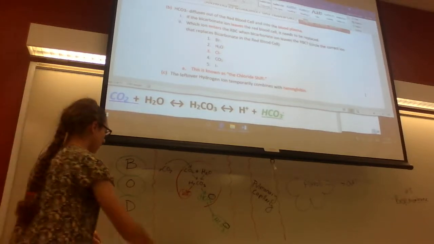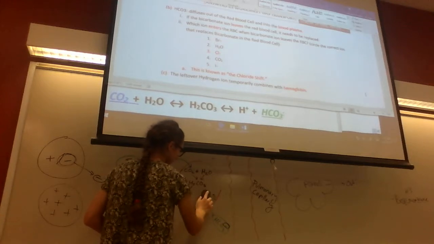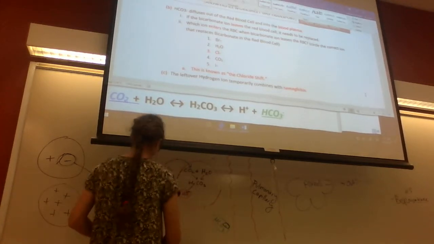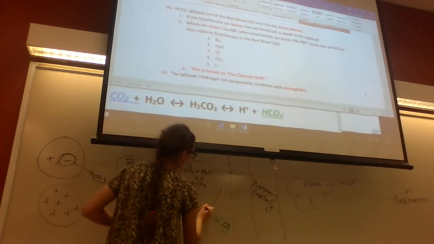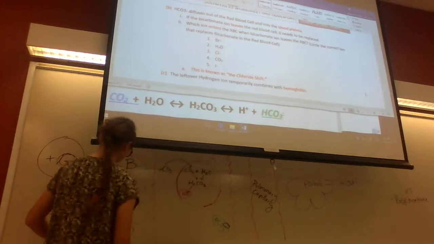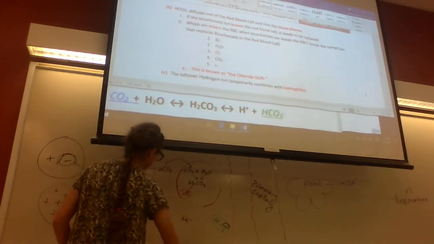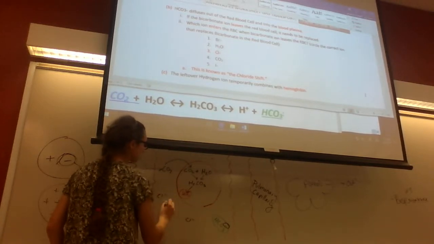So when bicarbonate ion leaves, it needs to be replaced. And the molecule to replace bicarbonate ion is chloride. You have chloride naturally just floating around in your plasma.